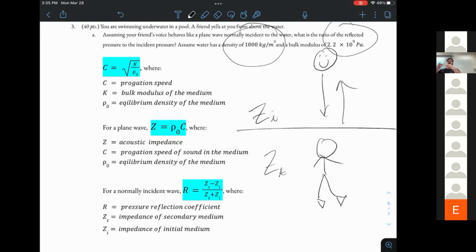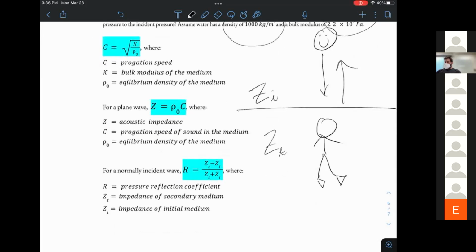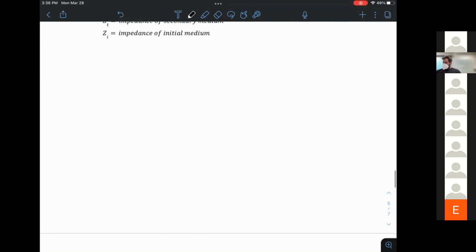And you already know C for air from the first question, but you could run that again. He gives you actually more information than you need because he gives you the bulk modulus and the equilibrium density. So you could calculate C and you'll get the value he gives you. Anyways, is that okay? All good? Okay. So I think that gets you done with that.